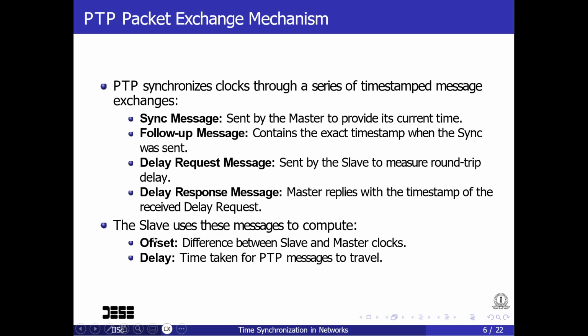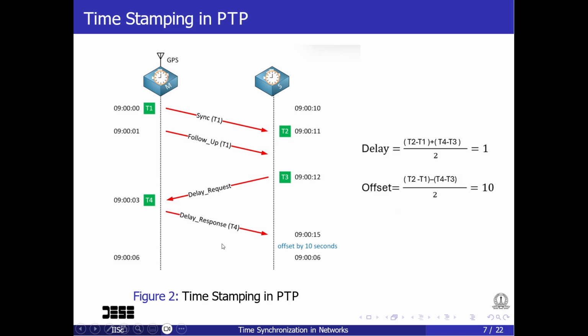From this mechanism, we try to find two parameters: one is offset and the other is delay. Here you can see there is a master and a slave, and the master is sending two messages, sync and follow-up. To this the slave replies with a delay request, and to this the master replies with a delay response.